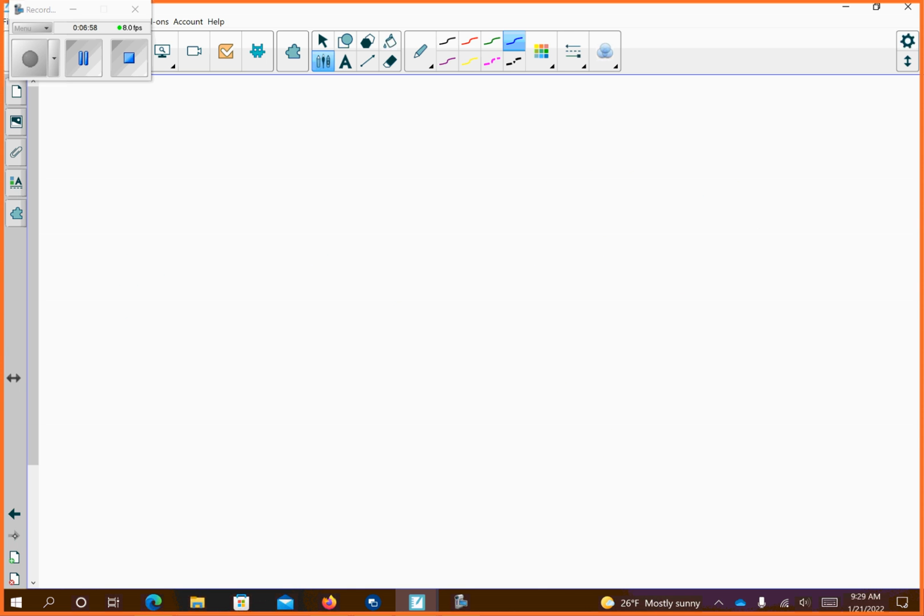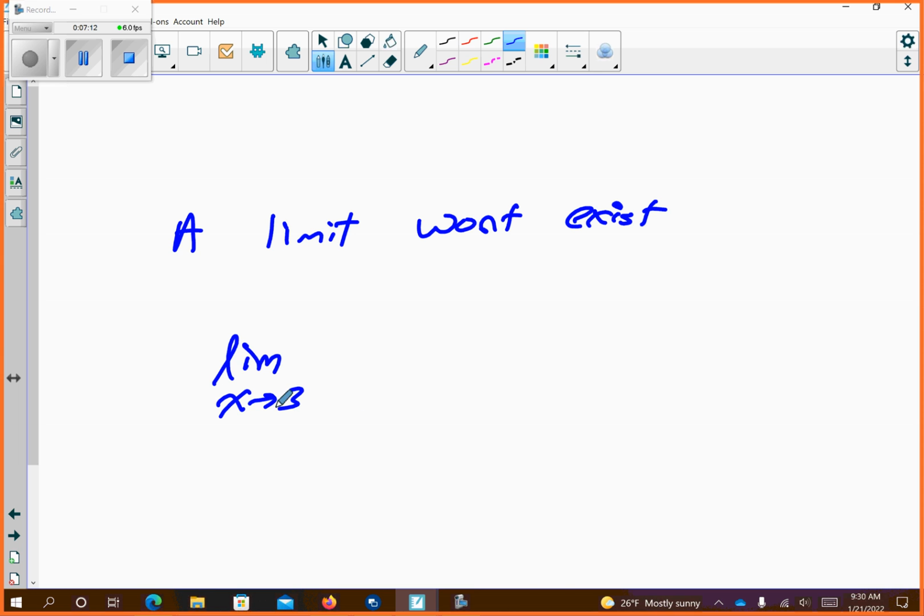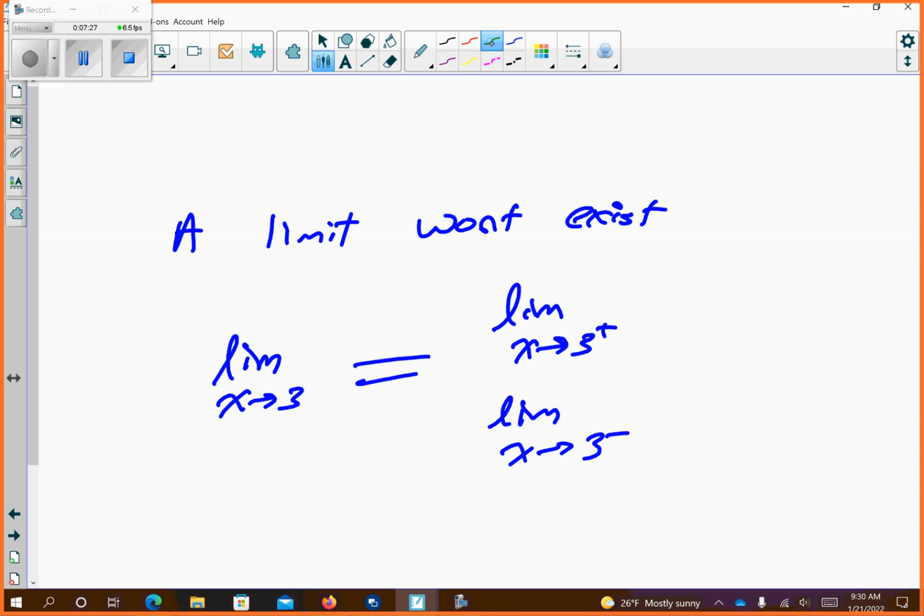But the big thing about a limit not existing is if this is equal to both this and this, these both give me the same number. So this means I'm coming from the right.